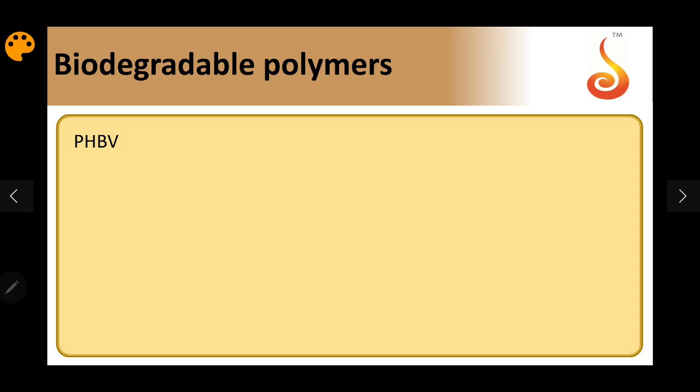Biodegradable polymers. In case of biodegradable polymers, we have 3 of them. PHBV. PHBV stands for polyhydroxybutyrate-co-valerate. So butyrate is a 4-carbon carboxylic acid and valerate is a 5-carbon carboxylic acid, and both of them have one OH group. They are hydroxy carboxylic acids.